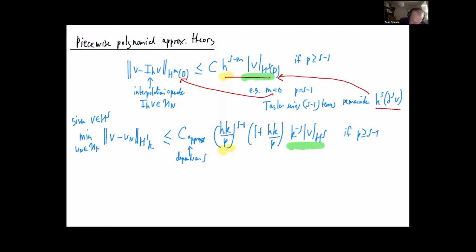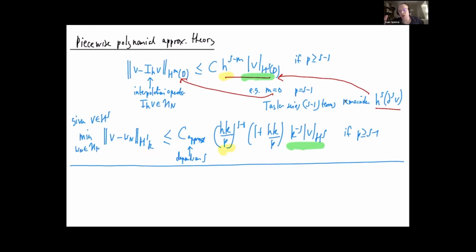And I think this 1 plus hk over p is just because I've got an L2 bit plus a weighted H1 bit on the left-hand side. Okay, so we're going to take that on trust now.